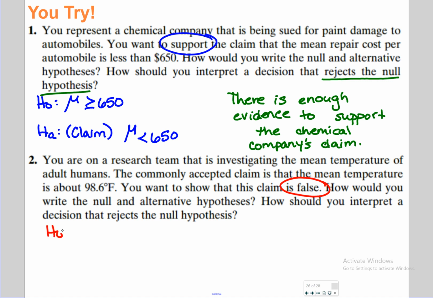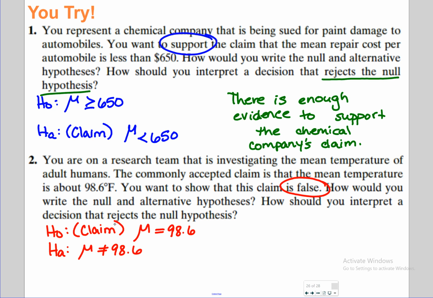The claim should be the null. And the claim that's being made is that the mean, again, temperature is about, so equals 98.6. And the alternative would be that the mean is not 98.6. Okay.